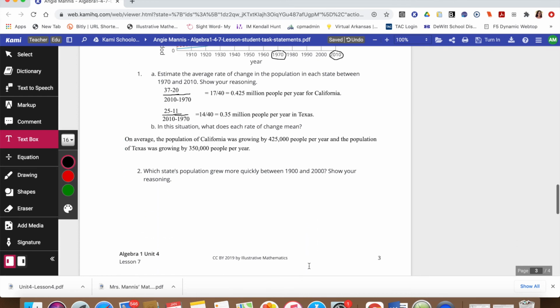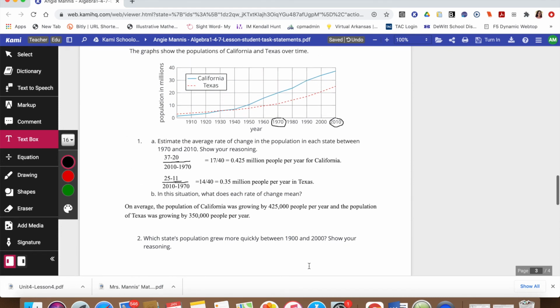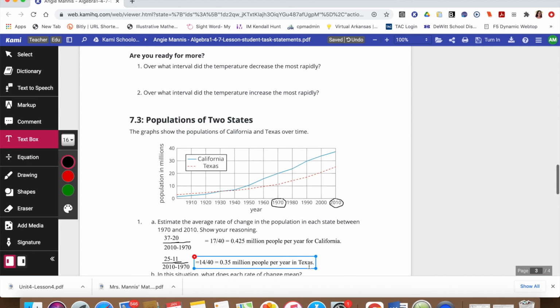Which state's population grew more quickly between 1900 and 2000? So looking at this, from 1900 to 2000, you could calculate this, or you could look at these graphs and the steepness of the lines. So looking at Texas, it starts out a little bit higher than California, but then it's quite a bit lower than California the rest of the way.